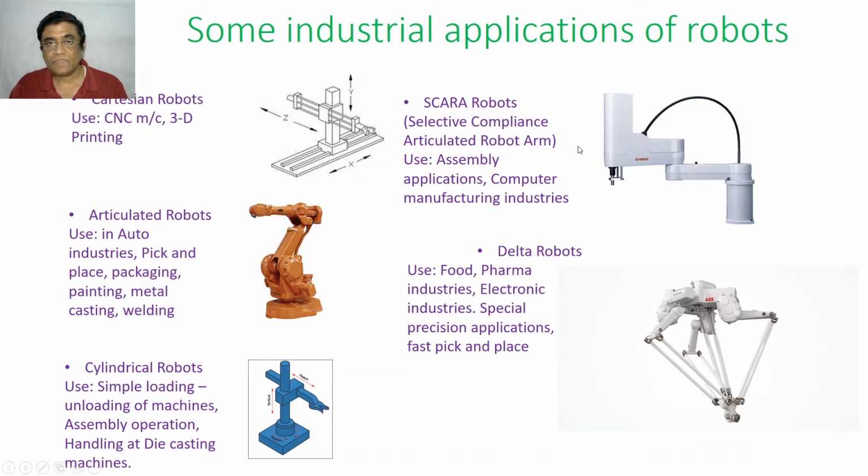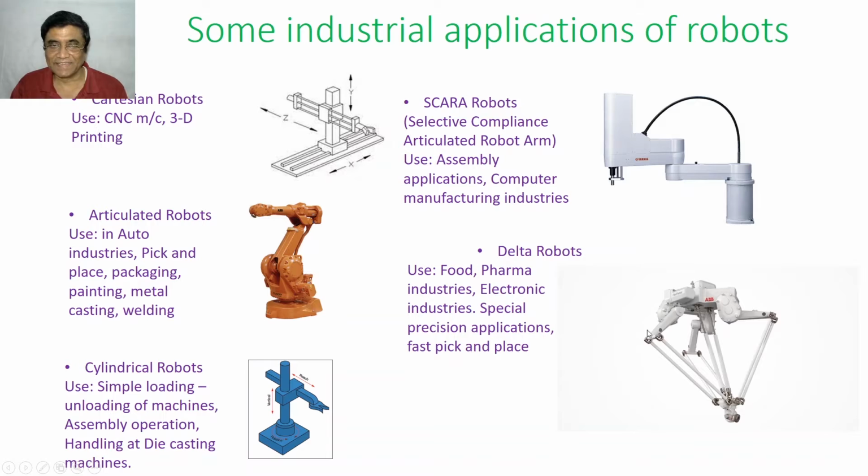Okay, it is used enormously in assembly applications, especially in the computer manufacturing industry, motherboard manufacturing, then mobile phone manufacturing, all kinds of precision engineering environments. SCARA robots are used for precision engineering. So another robot is the Delta robot, spider-like.